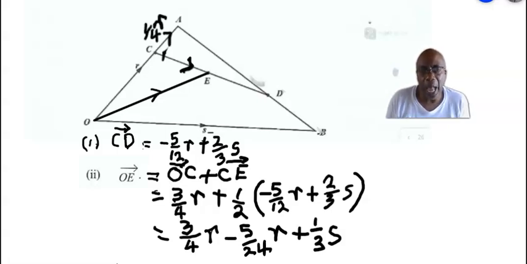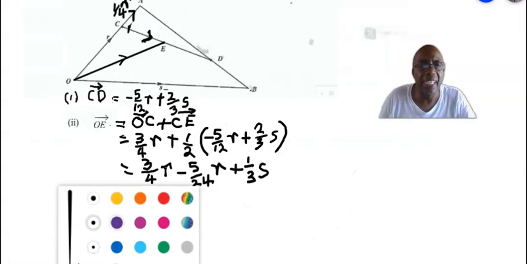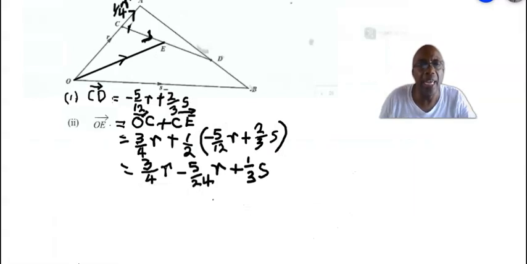So now we have to add this together to get the answer. We'll do it by finding the LCM. To find the LCM, we draw a line beneath. And the LCM of 4, 24, and 3 is just 24.